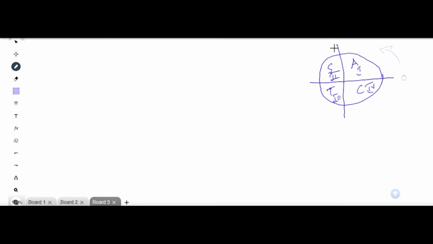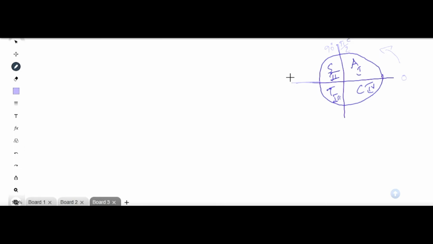Are you familiar with the angles or the radians? Familiar with the angles. Okay. However, I'll write both because I want you to learn both ways. So if you want to consider this particular value, how much will it be? 90 degrees or pi by 2 radians, right? So what would this be?